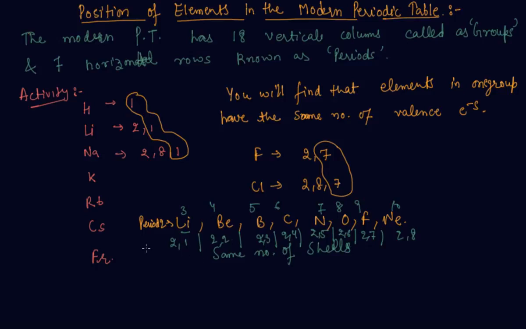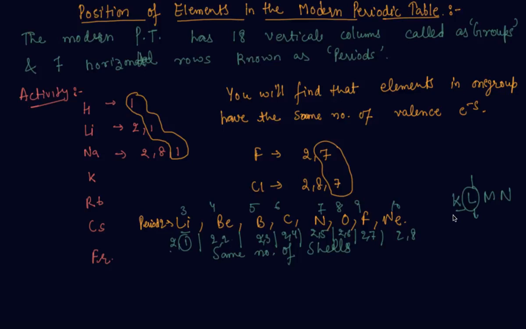You can see that the valence electrons are not the same across a period, but they all have the second shell. Among the shells K, L, M, N, they all belong to the shell L. That is why they are arranged in a single period.